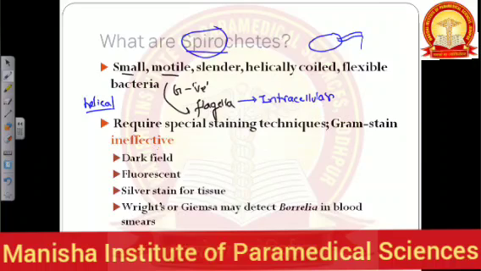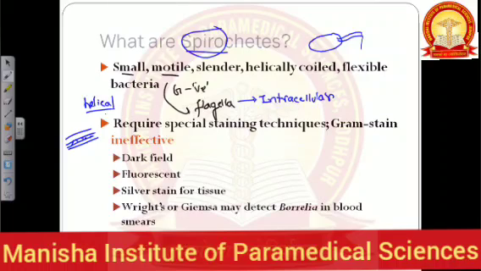Usually they are gram negative type because they have a cell wall, a very thin peptidoglycan wall, but they have two different membranes. The arrangement is the inner membrane, then the peptidoglycan layer, and outside is a third layer, which is an extracellular membrane.